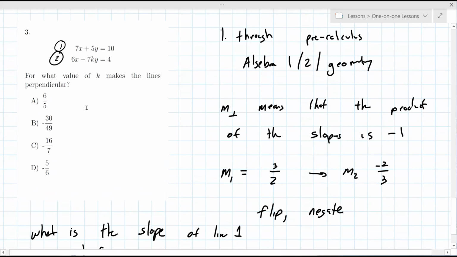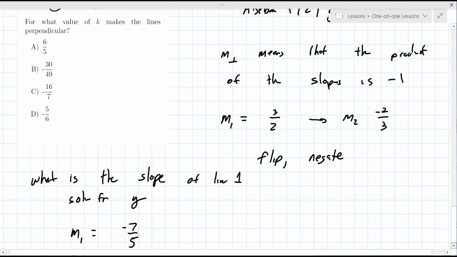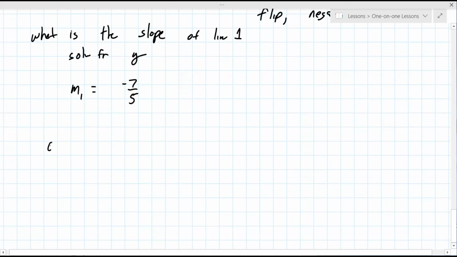The next equation is where it's a little bit awkward, because there's an extra letter. This 7k I put in parentheses. We don't know what it is, but you have to do the same thing for line 2: solve for y. I'm sorry, that's a 6x.